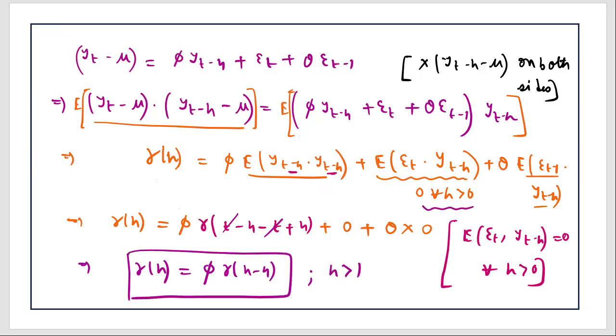So see, this is 0 when h is greater than 0, this is 0 when h is greater than 1. So combining these two terms, you can say when h is greater than 1, both of them are 0. That is why this is the restriction. So this is the general form of your autocovariance function for this given ARMA 1,1, right?